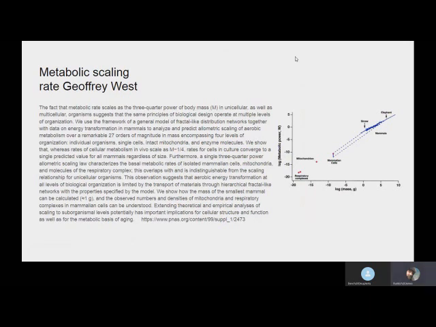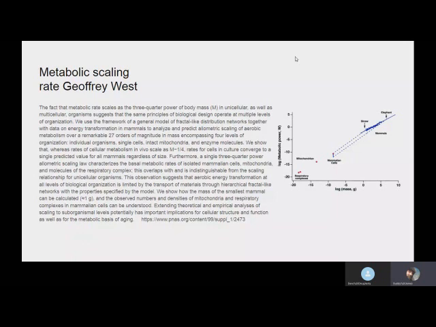We show that whereas rates of cellular metabolism in vivo scale as m^(1/4), rates in culture converge to a single predicted value for all mammals regardless of size.